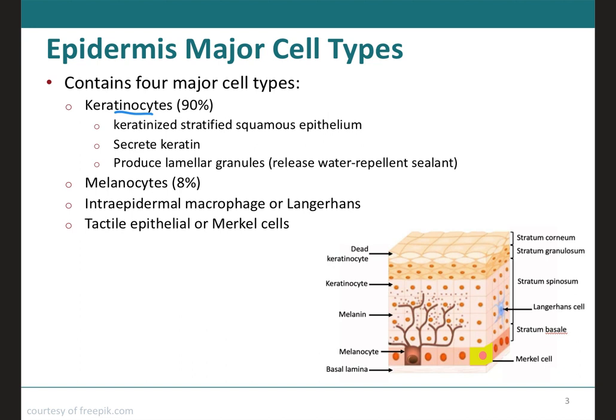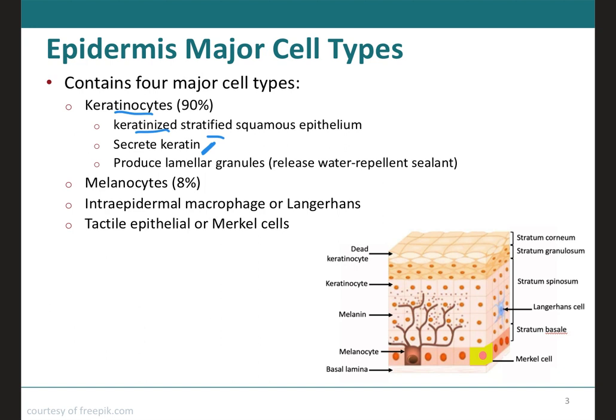They are at different stages of development, but they're still keratinocytes. Also, from the previous slide, we know that the keratinocytes originate from stem cells. They also secrete keratin, which is important for the keratinization of the epidermis. That's why we can say that the epidermis of skin is a keratinized stratified squamous epithelium.